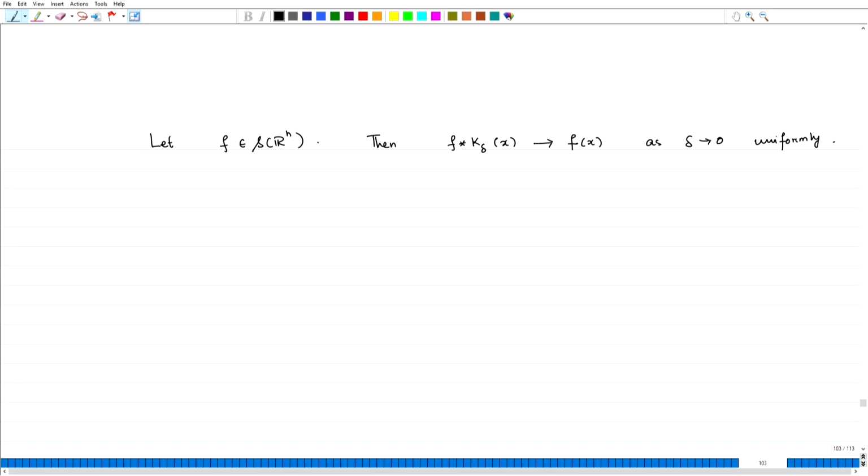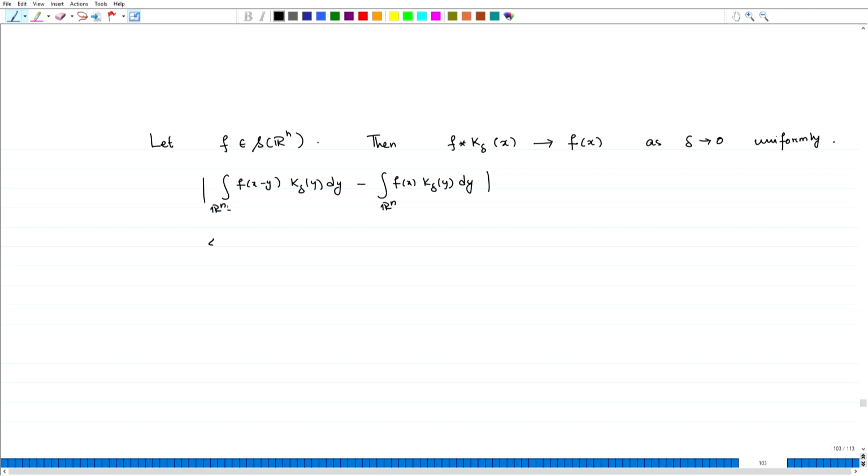So, again the standard trick: the integral over R^n of f(x - y) k_delta(y) dy, and minus f(x), which we replace by f(x) times the integral of k_delta(y) dy, which is 1.